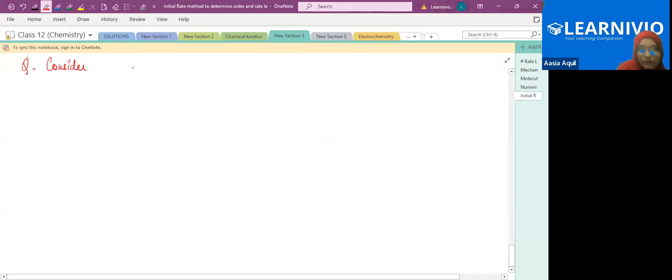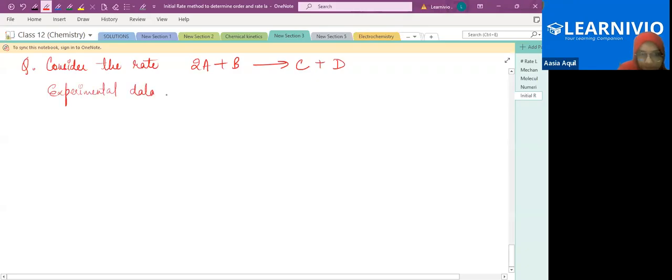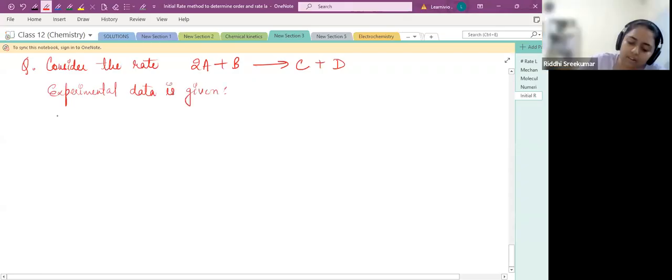Consider the reaction 2A plus B, which will give you C plus D. And the experimental data is given, another table.